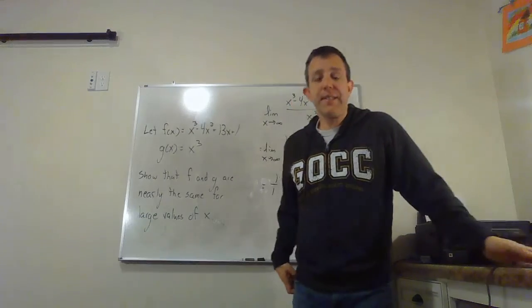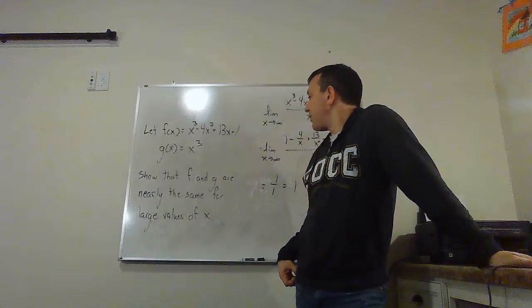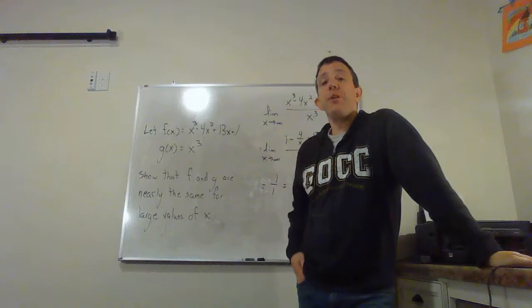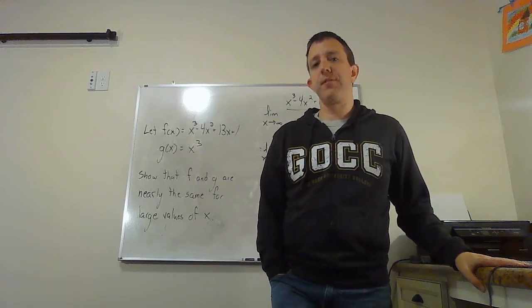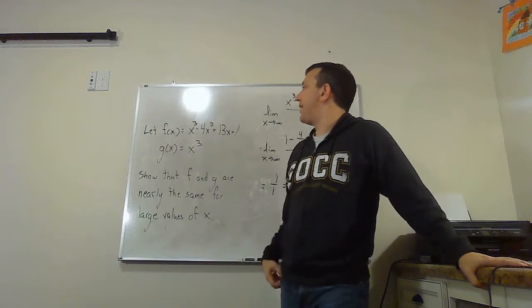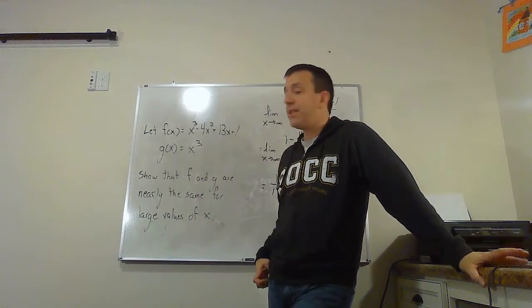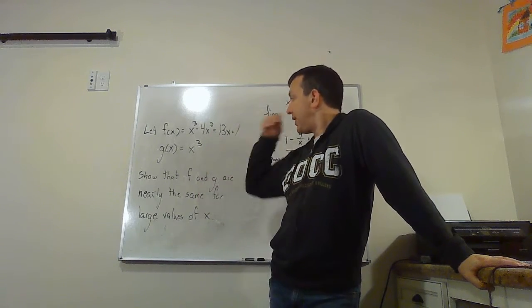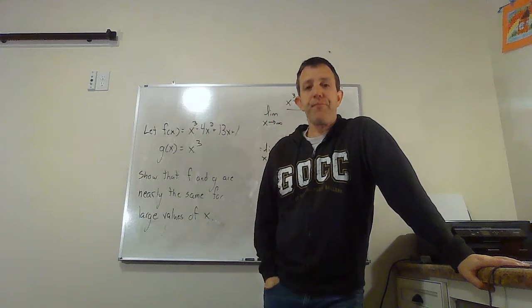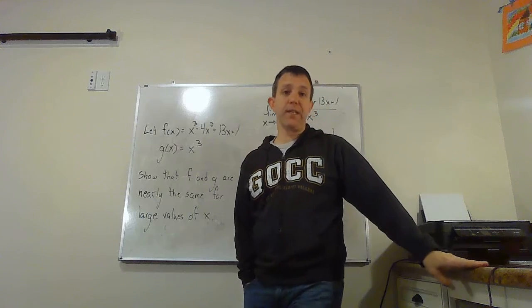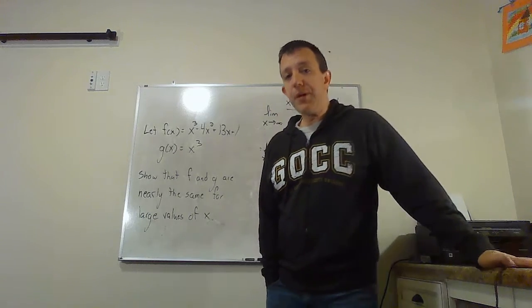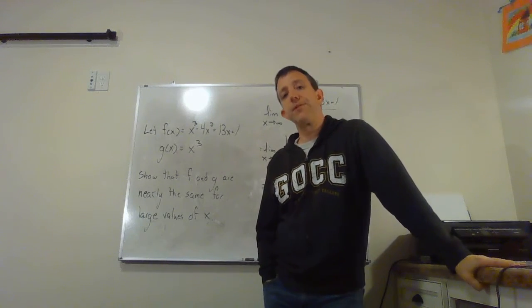All right, my last example, and this one's a little bit different. We're going to use an approach that we've learned to compare two functions. So I want to let f of x be x cubed minus 4x squared plus 13x plus 1, and I want to let g of x be x cubed. If you happen to have taken college algebra from me, we talked about end behavior of polynomials.